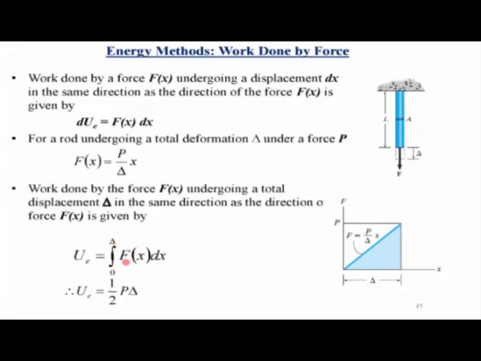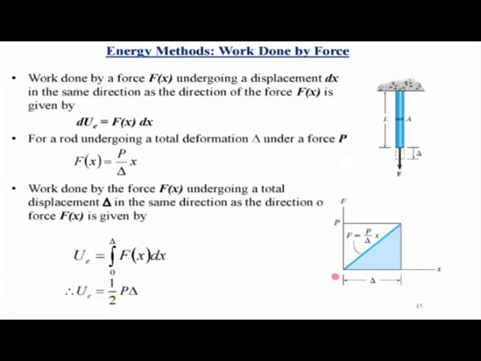Here Fx can be replaced by P by delta into x. Here P and delta are constant. This is the final load and delta is the final deformation. So if you put that here, and do the integration from 0 to delta with respect to x, you will see that the external work done is given by half P times delta.